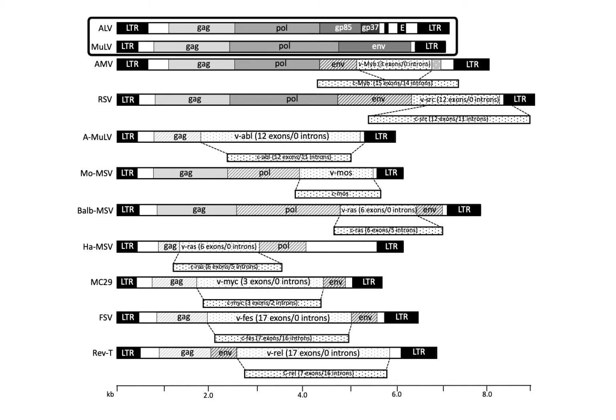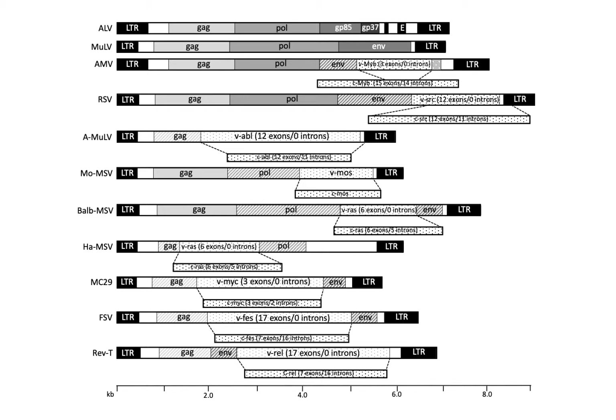So on top here, the ALV and MULV, these are normal viruses with the GAG, which includes the capsid genes and nucleocapsid genes of the virus. POL, which includes the reverse transcriptase, etc., and envelope also, which includes some of the outer proteins of the virus particle. And we've talked about this earlier when we talked about HIV.